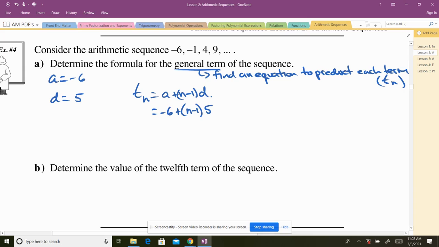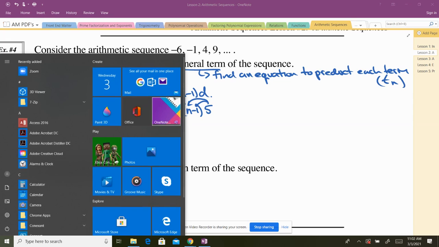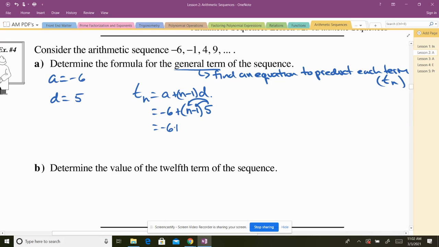So now we need to get rid of the brackets, just like with polynomials. What do I do to get rid of the brackets? No, not the -6. Not that. The 5, right? Because the 5 is being multiplied. So the 5 goes into both of these. -6 plus 5n minus 5.